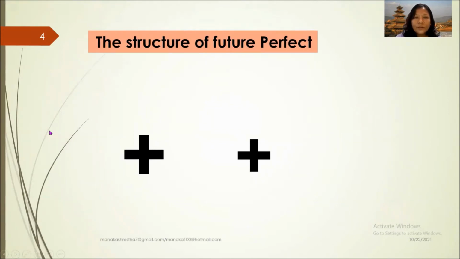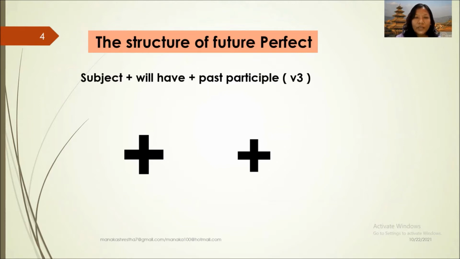Could you tell me, anyone, what can be the structure of the future perfect tense? Yes. The structure of the future perfect tense is subject plus will have plus past participle. As a subject, we use I, he, she, they, we, you, it, or names and nouns, for example, Hari, Sarita, Rita, etc. And after that, we use the verb will have.